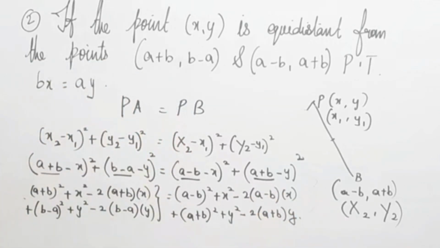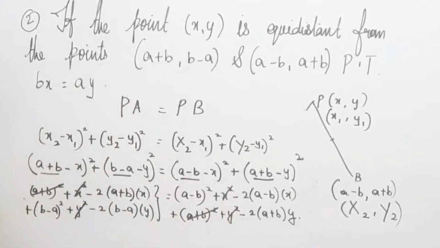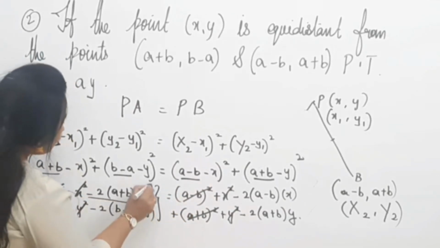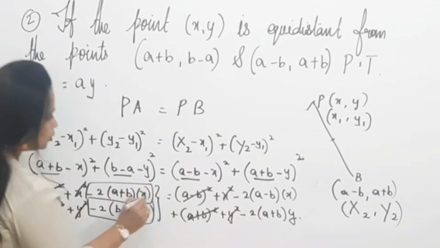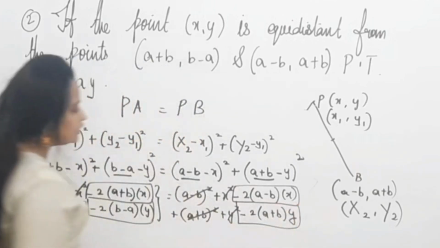So I made it shorter, the identities being exactly the same. Now I'm going to cancel: a plus b the whole square gets cancelled, and then x square and y square get cancelled. Now I have b minus a the whole square, that's equal to a minus b the whole square, that gets cancelled. So I'm left with only four terms, that is 1, 2, 3 and 4.